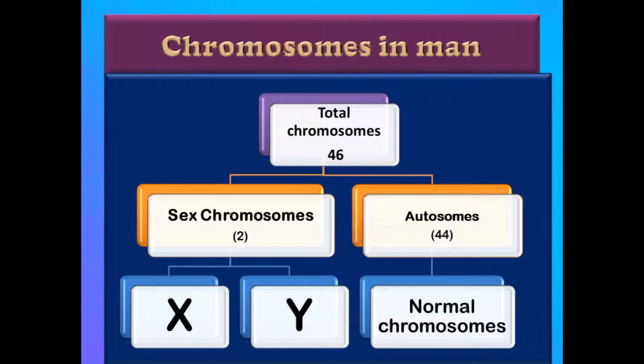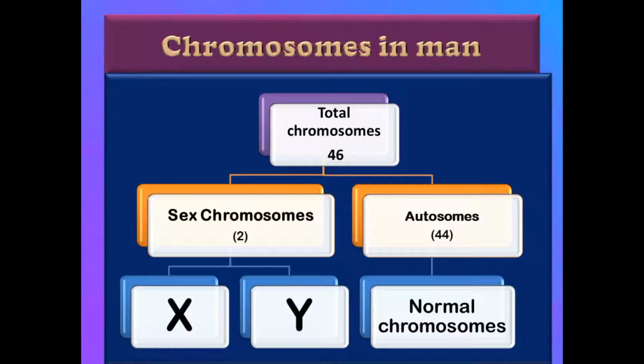As you know, chromosome number is specific for each organism. So, how many chromosomes are present in man? Altogether 46 chromosomes. These chromosomes can be categorized into two: autosomes and sex chromosomes. Autosomes are also known as somatic chromosomes.